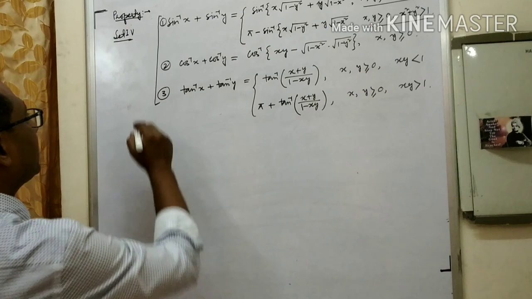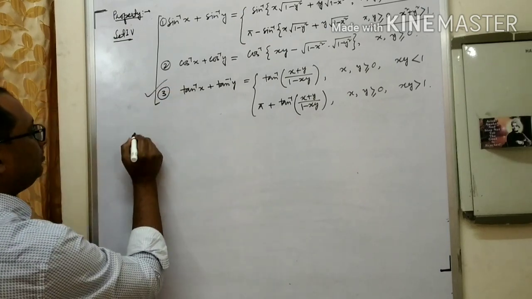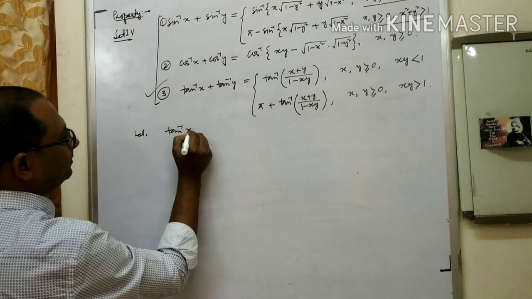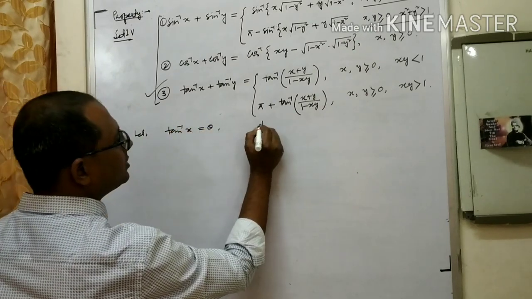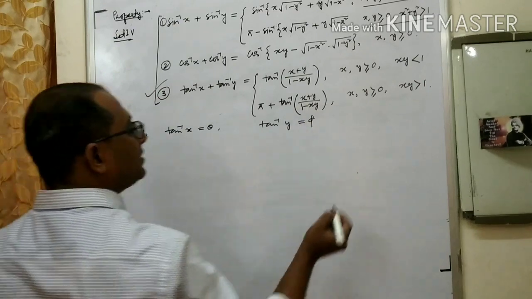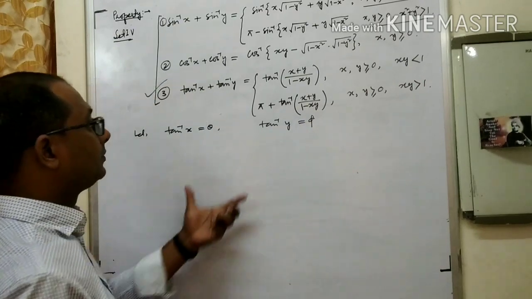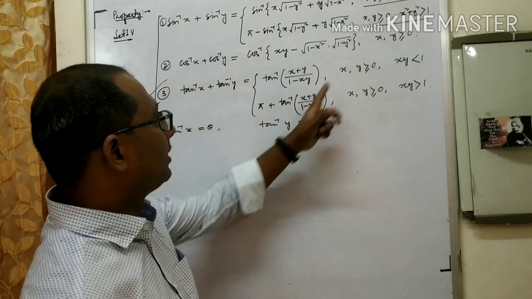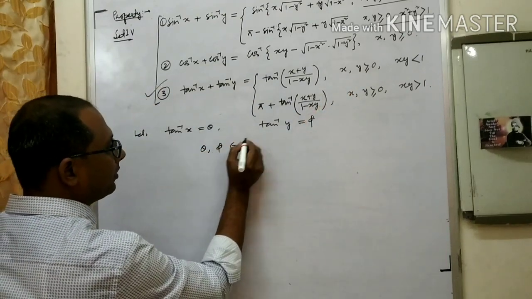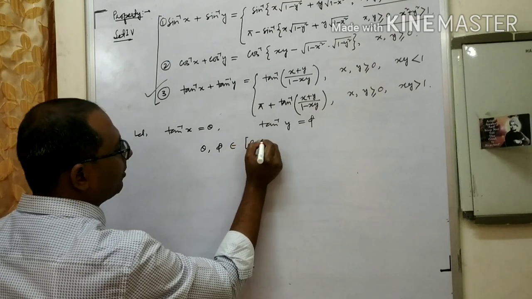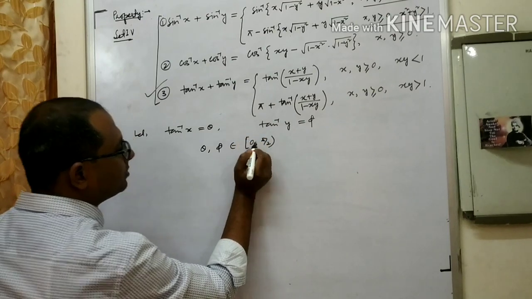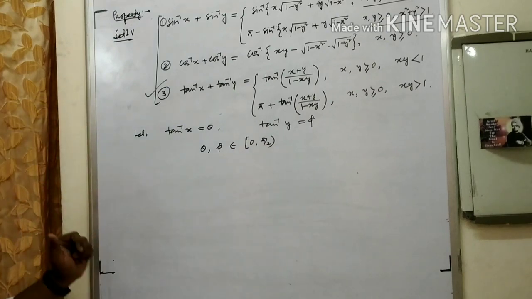So let me go for this. Let tan inverse of x equal theta and tan inverse of y equal phi. As x and y are positive, theta and phi both belong to the interval 0 to pi by 2, with 0 closed and pi by 2 open.